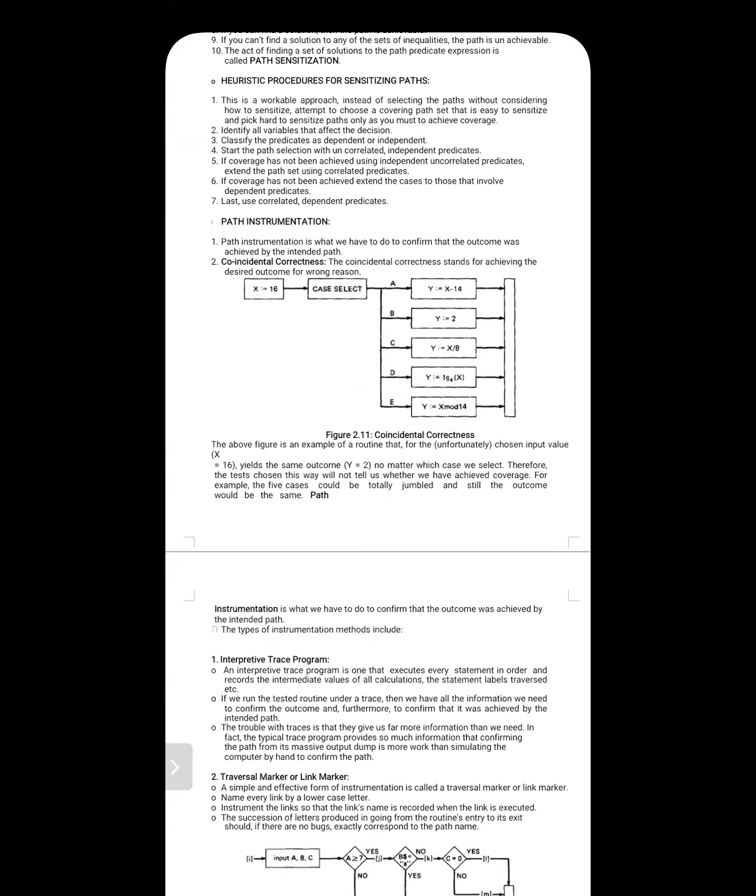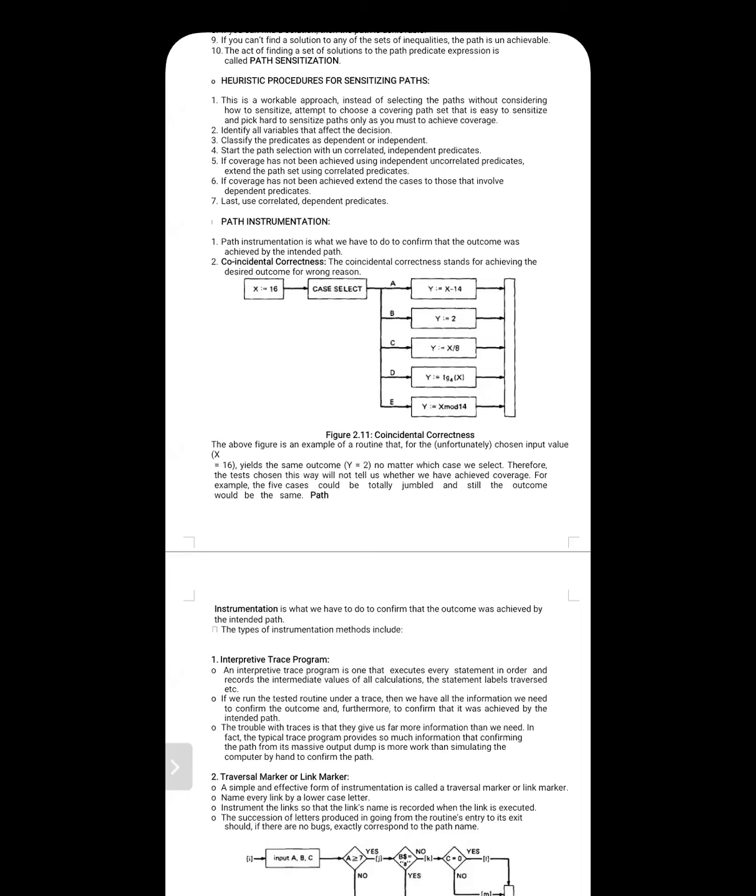Instead of selecting the path without considering how to sensitize it, attempt to choose a covering path set that is easy to sensitize and pick hard ones later.